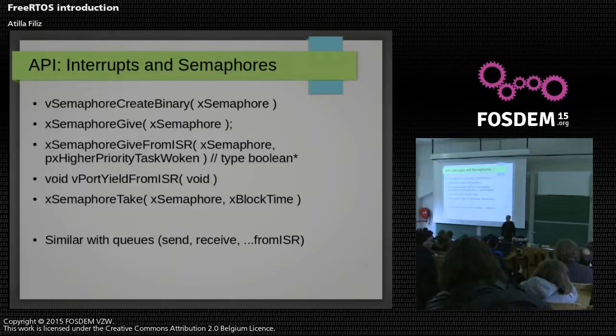Like here, I have X semaphore give and X semaphore give from ISR. If I'm running from within an interrupt service routine, I need to use the from ISR routines so that it doesn't mess with context switching. Also, message queues have their variants with send, receive, and from ISR.